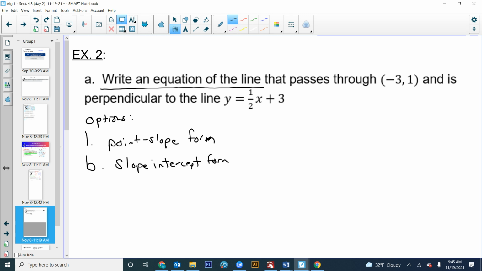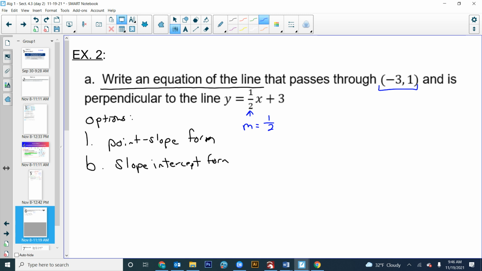What does point slope require? A point and a slope. Does it matter what the point is? No. So we have a point and we can find the slope. Now be careful. What's the slope of the line they gave us? It's 1/2.